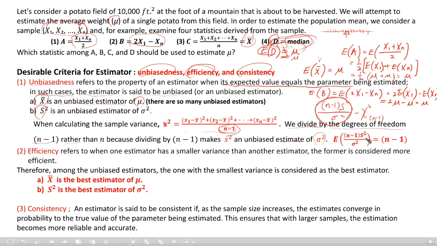The expectation of n minus 1 times s square over sigma square is n minus 1 in theory. So n minus 1 cancels out, and the expectation of s square is sigma square, right? That's why we divide by n minus 1. So the reason we use degrees of freedom is this.